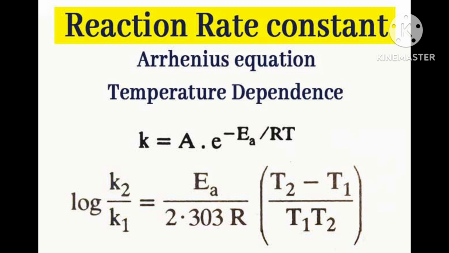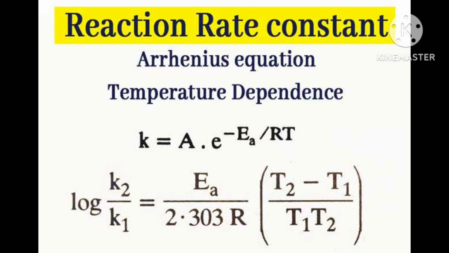and also I discussed the rate of a chemical reaction. In that I discussed what is the rate, what is the concentration, and also the rate in terms of reactant and the rate in terms of product.